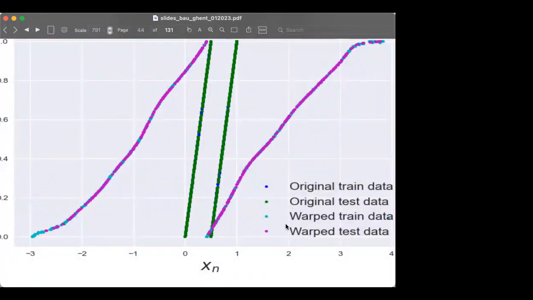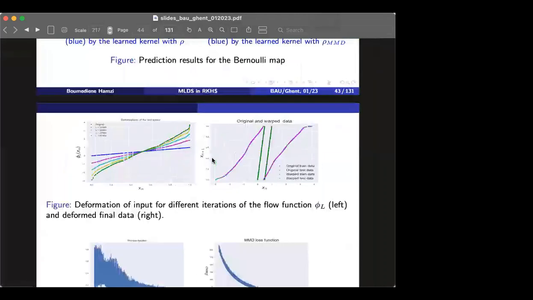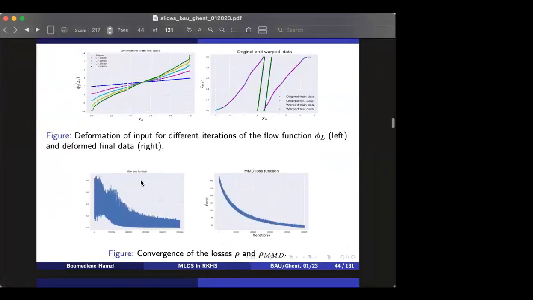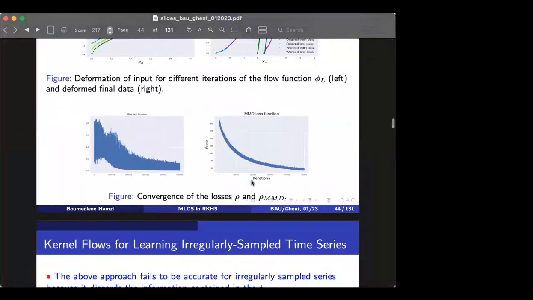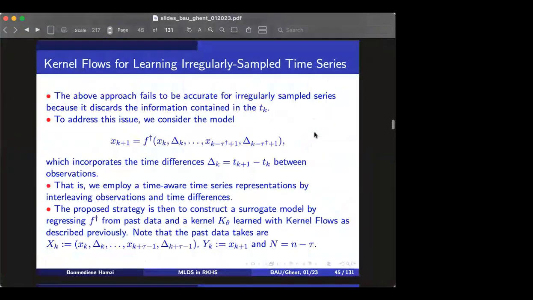This is what happens to the warped train and warped testing. And this is the error, the convergence, the loss function for the classical error versus the MMD.